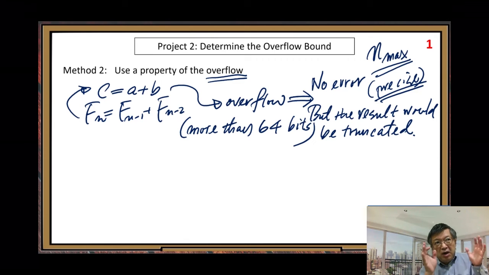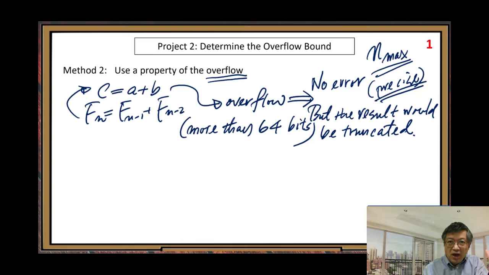You only keep the last 64 bits. The higher bits will be truncated, gone. You lose the higher bits beyond the 64th bit, starting from the right. After the truncation, is the result correct? The result won't be correct.